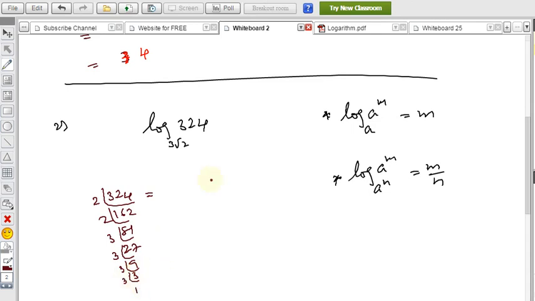So finally 3 power 4 and 2 to the power 2. This is the 324 value. Next, 3 root 2, 3 into root 2. That also we can change: 3 to the power 1 and 2 to the power 1 by 2.